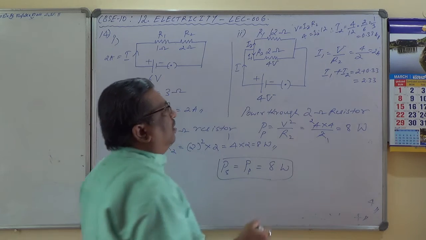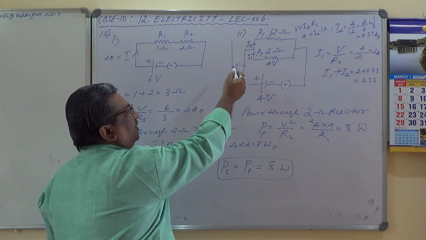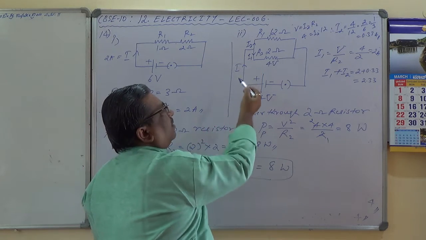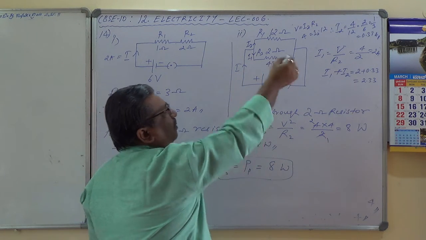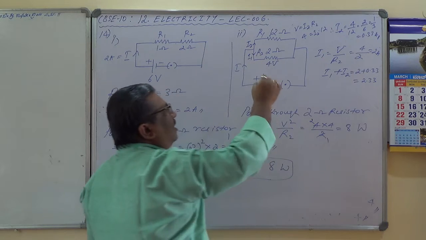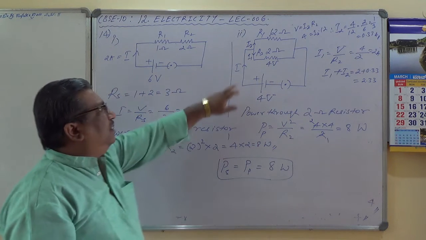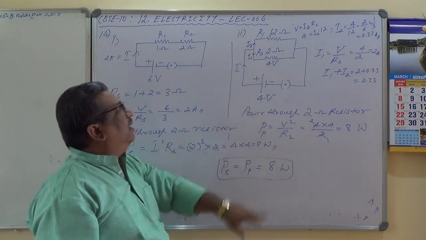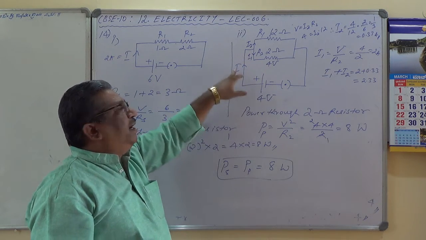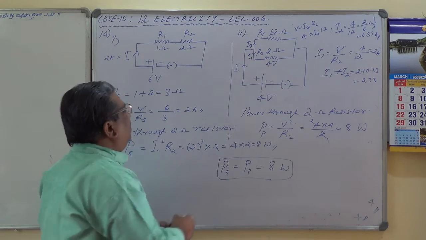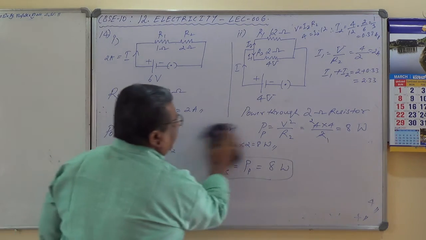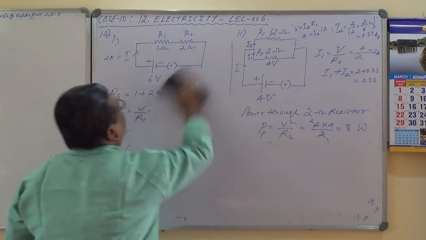So, how do you calculate the current I here? I1 plus I2 gives me I here, but what is the other way of calculating this current directly? Find the equivalent resistance Rp and use the formula V equals I into Rp. Let us do that also. I am erasing, you can note it down, but I want to analyze that one. Some of you are definitely able to understand these things.